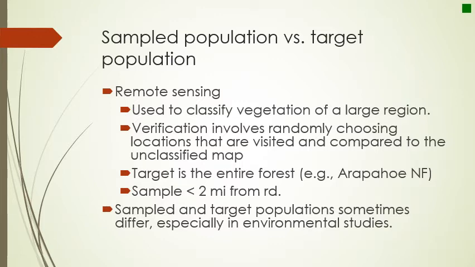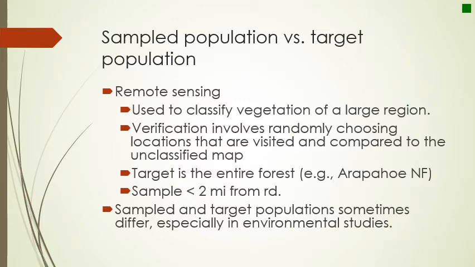So I'm going to limit the areas that I will go out and do the vegetation sampling to those sites that are less than 2 miles from a road. So it doesn't take people too much time to get out and back. There might be safety issues associated with sending them out in larger distances and so on. Now something fundamental has changed. The sampled population differs from the target population, or again sometimes referred to as the data frame.